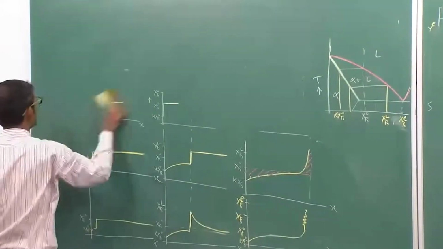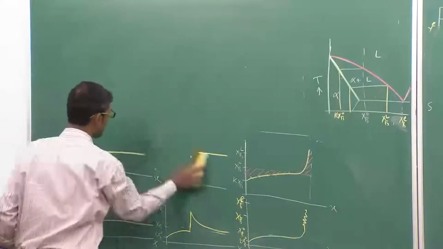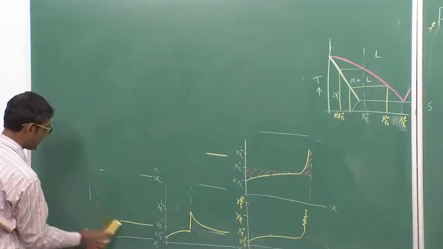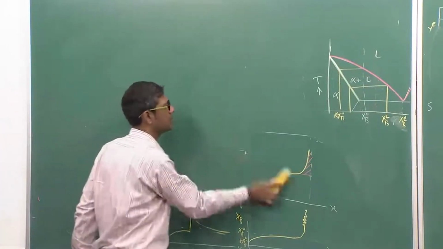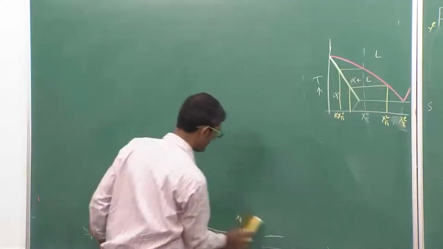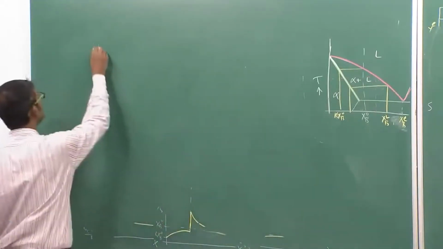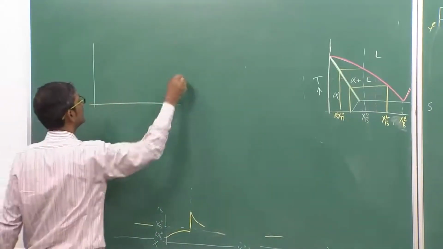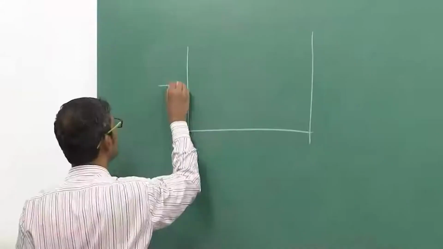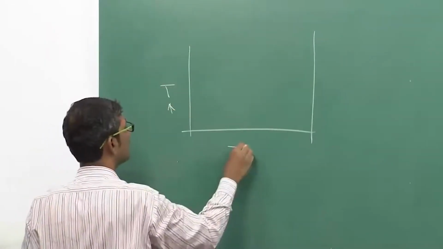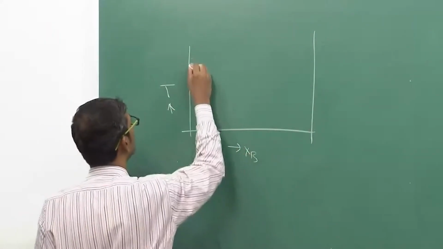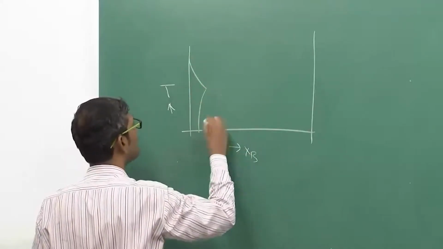Eutectic phase diagrams are very widely present in the literature. You will find many phase diagrams where eutectic is present. The simplest eutectic phase diagram with two terminal solutions is like that.